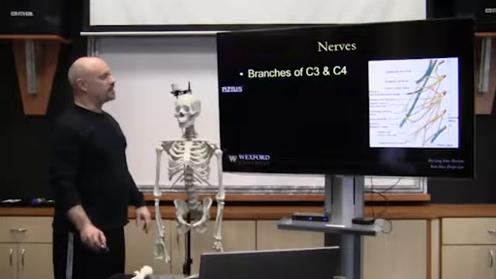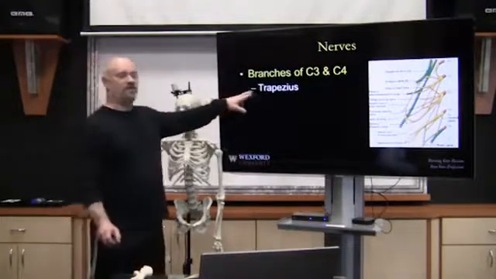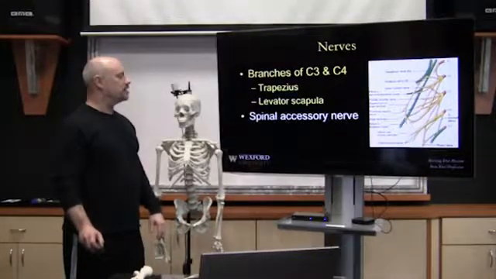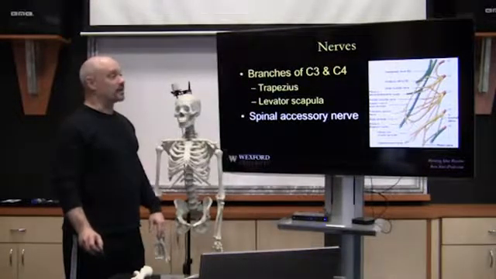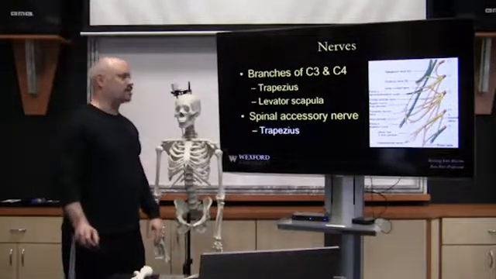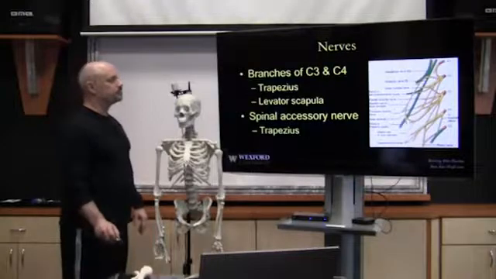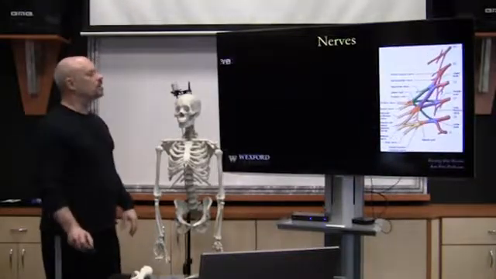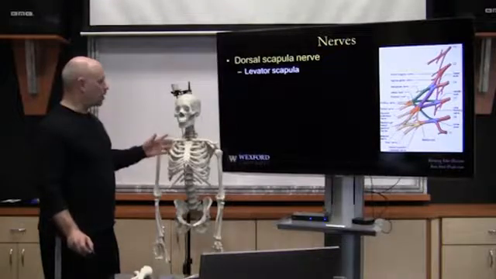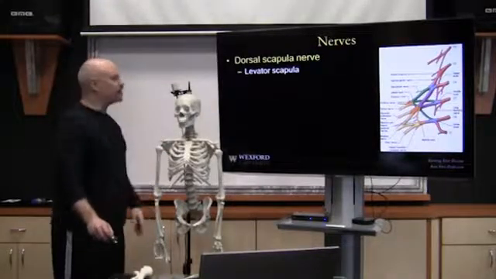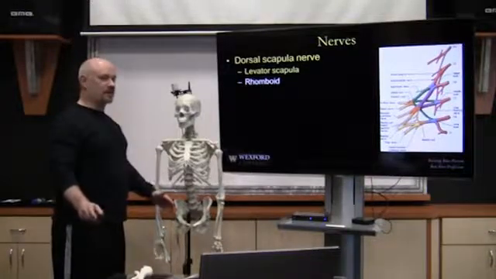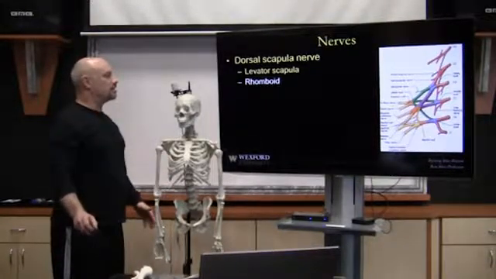The branches of C3 and C4 work on the trapezius to activate that, and the levator scapula, and the spinal accessory nerve also innervates the trapezius muscle. The dorsal scapular nerve works on the levator scapula for elevation, and the rhomboids for retraction, downward rotation, and elevation.